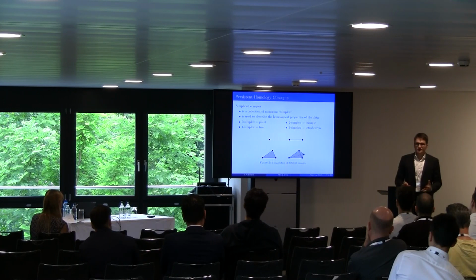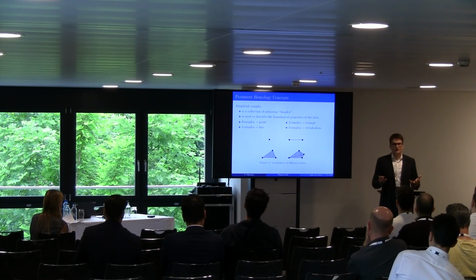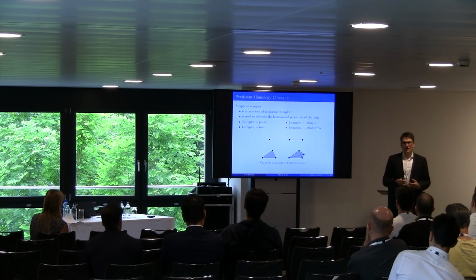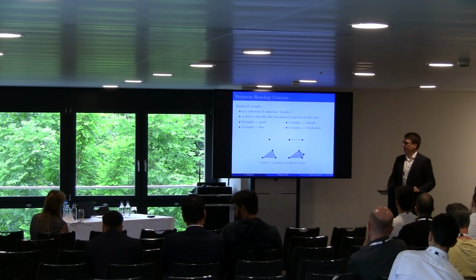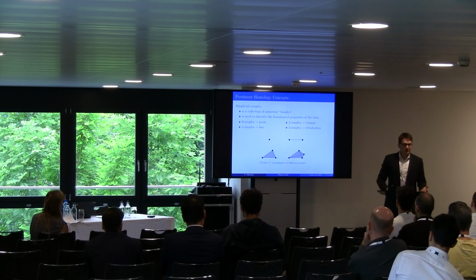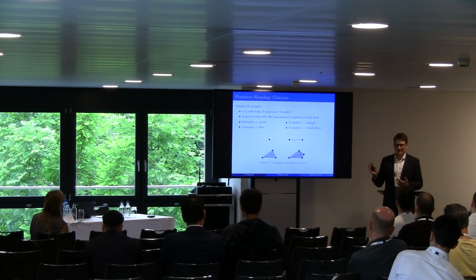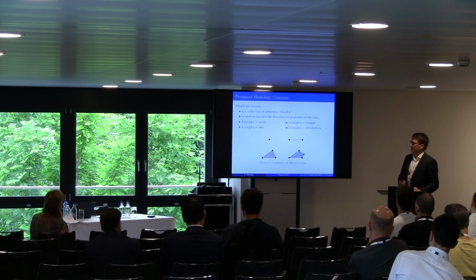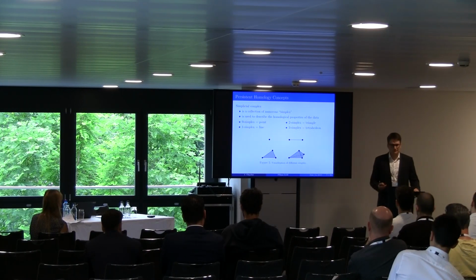And a simplex is just a trick to describe your data point cloud and how you can discretize it. Here you have the 0-simplex, which is a point. Then you have a line, a 1-simplex, also a connected component. And then you have the 2-simplex, a triangle, the 3-simplex, a tetrahedron, and so on.